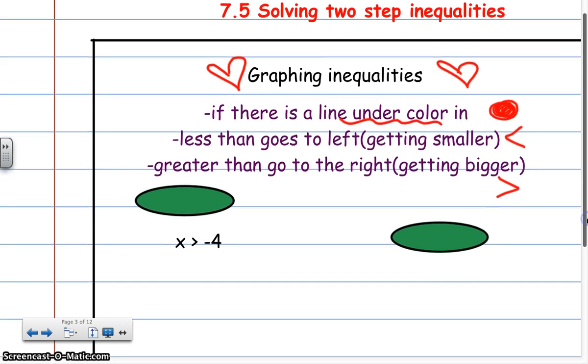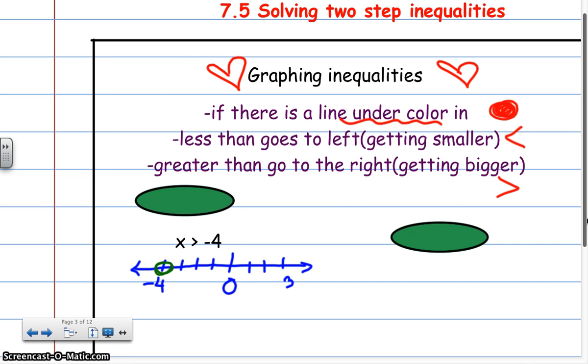If I were to graph x is bigger than -4, we've done it before, so this shouldn't be too hard. Make sure, though, that you make a nice number line that has a little bit of negatives and a little bit of positives, so it looks decent. And now I'm going to make a circle at -4.